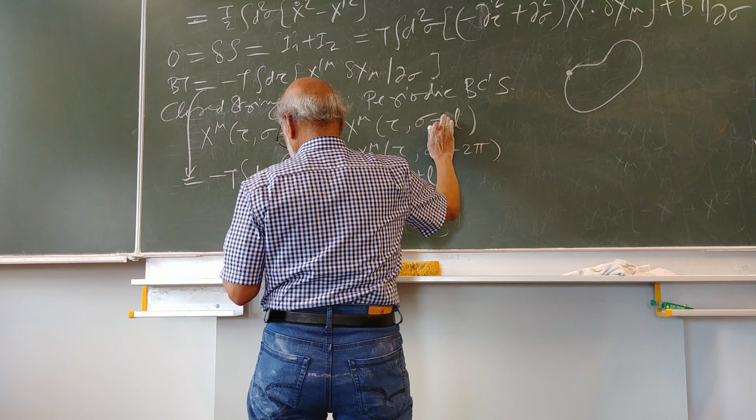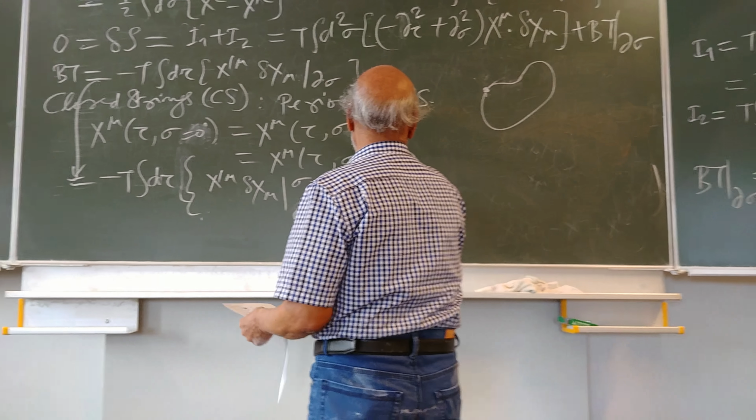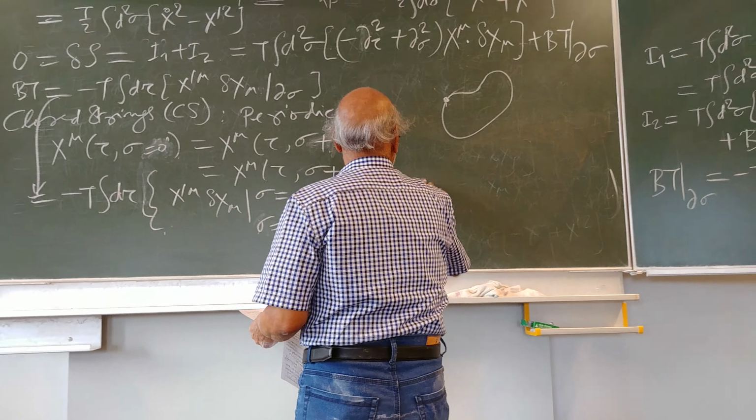So this has the same value at sigma equal to plus L as well as at sigma equal to minus L. So it is minus T d tau, some value minus the same value, and it is 0. This is another way of understanding it. And the third one, which is due to my friend Christian Knoll, appealed to me very much.